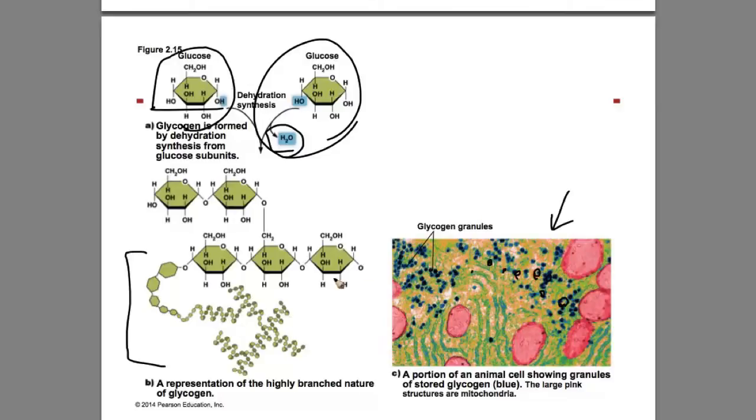All these very highly chained, highly branched molecules rich in glucose, and so therefore you're storing a lot of energy in all of these bonds that you're forming. And every time you have a bond here, it's potential energy that's being stored. So a lot of energy being stored here.